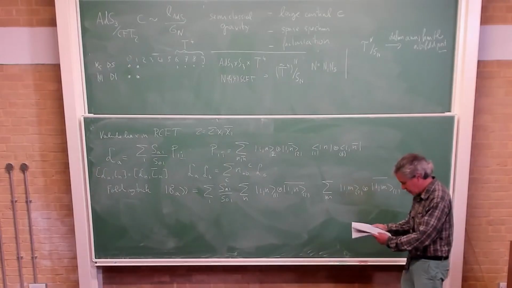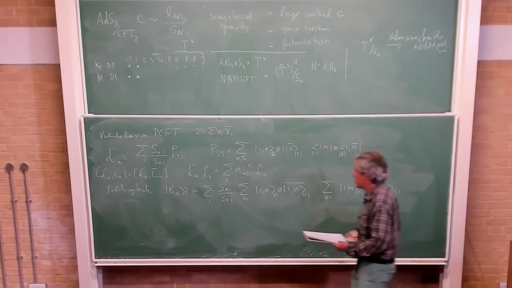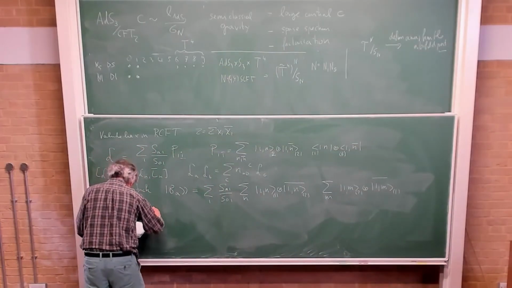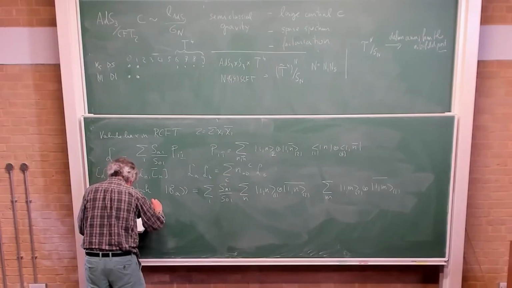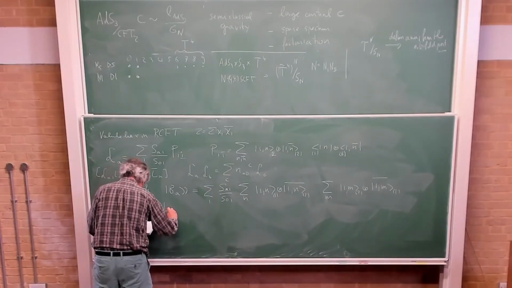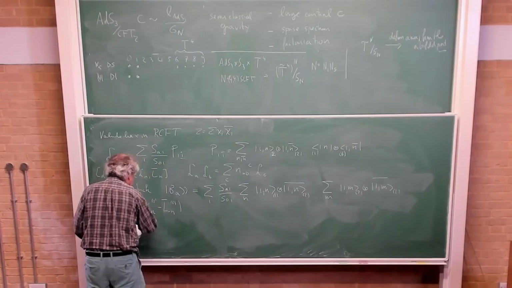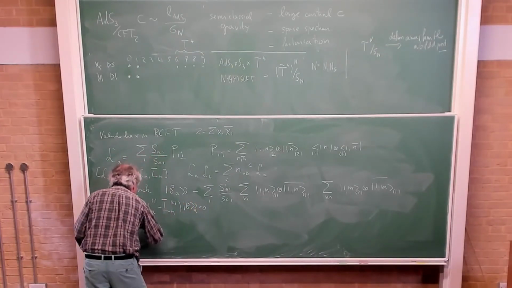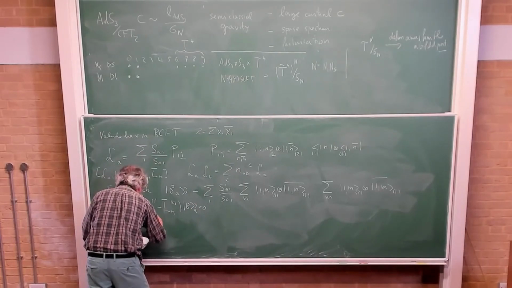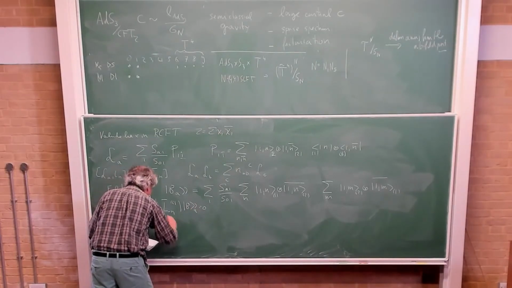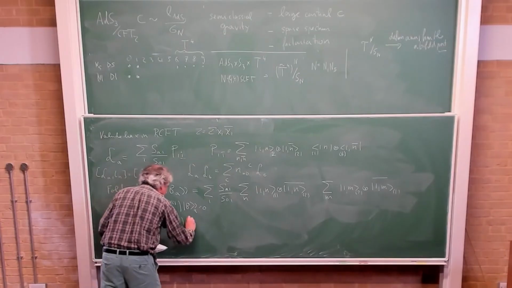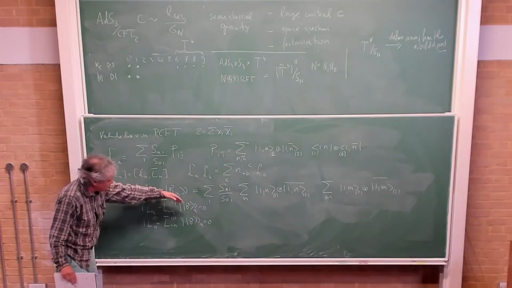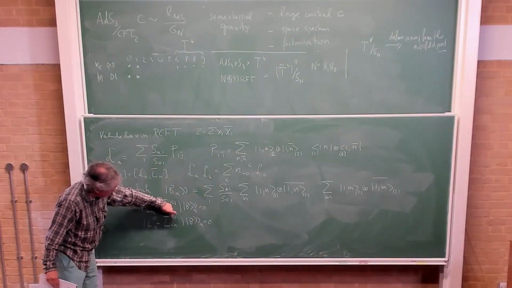In this construction, the commutation of L_n means that, if it were completely separated, then I would have a 1 here and a 2 here.